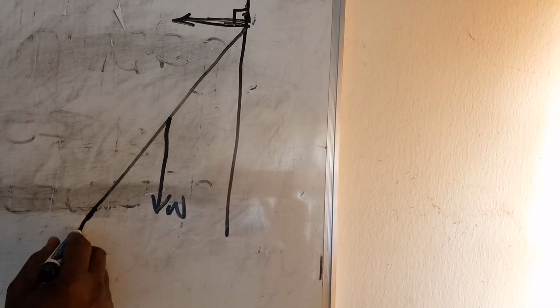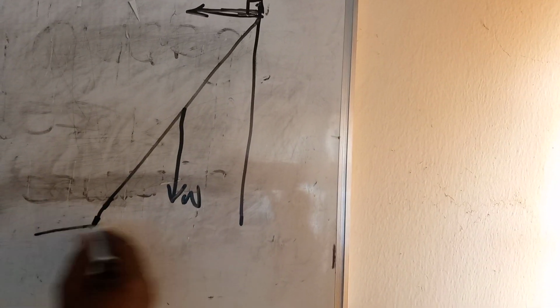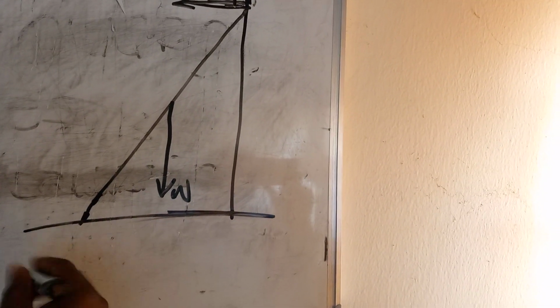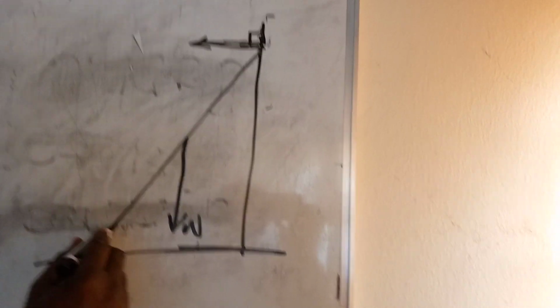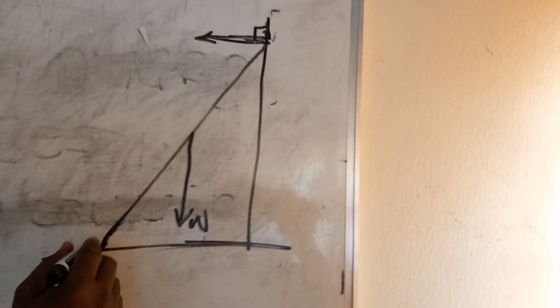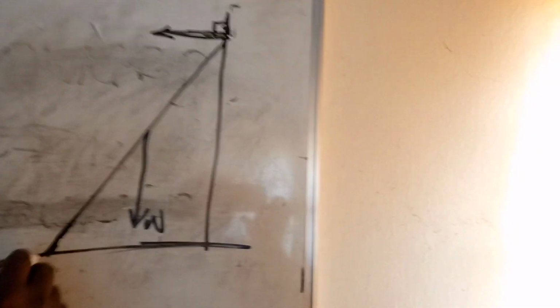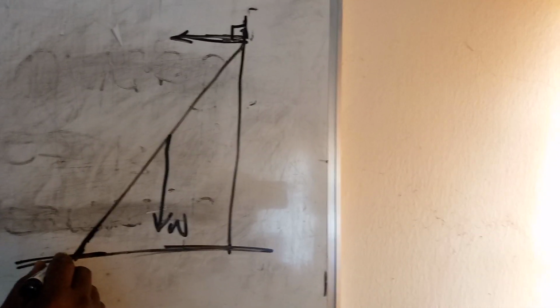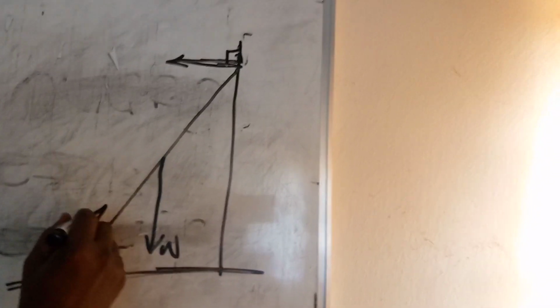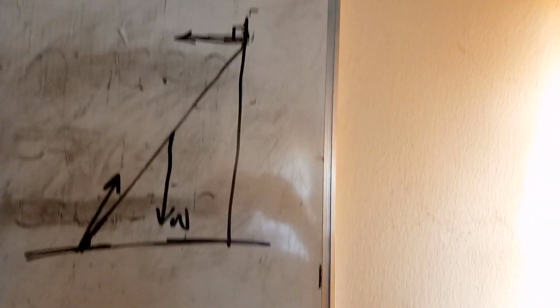The ladder rests on the ground, possibly a rough ground. Since the ground is rough, the reaction will not be normal to the ground. It will come out at an angle to the ground.